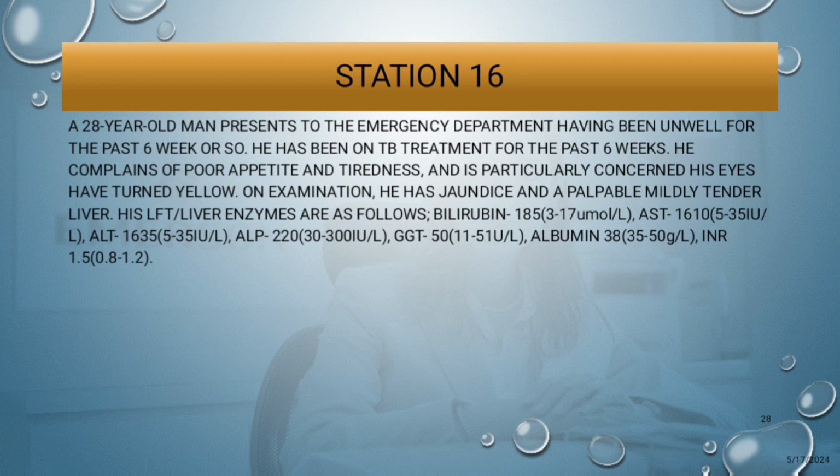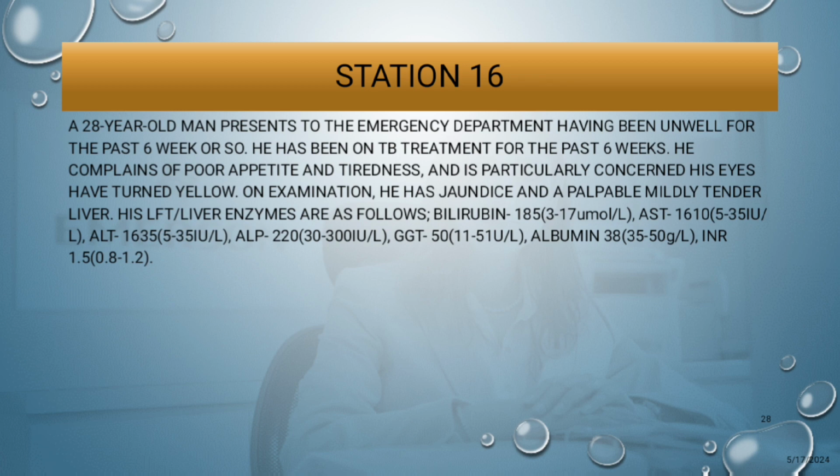The bilirubin is 185 and the normal range is 3 to 17 micromoles per liter. Then the ALT is 1610 and the normal is 5 to 35 international units per liter. Then the AST is 1635 and the normal is 5 to 35 international units per liter.